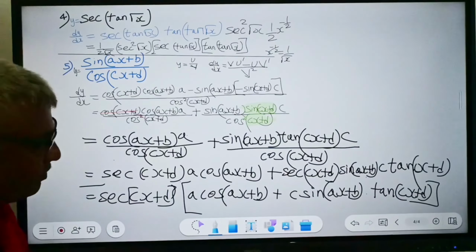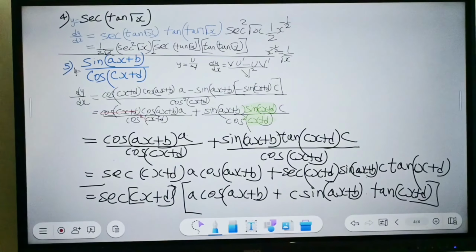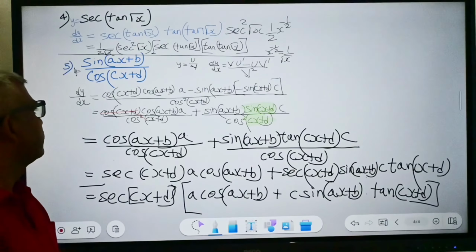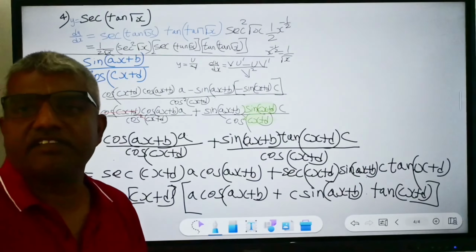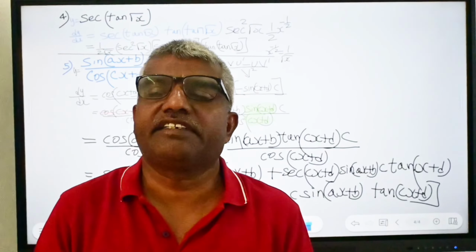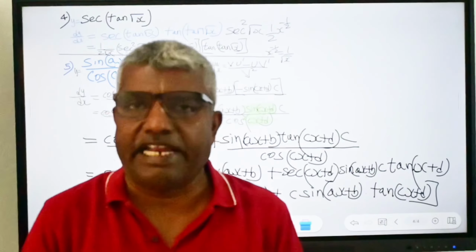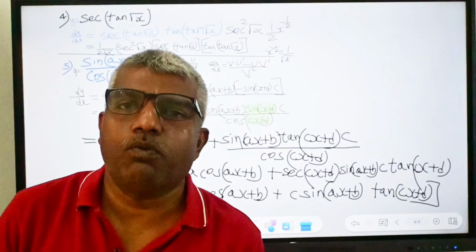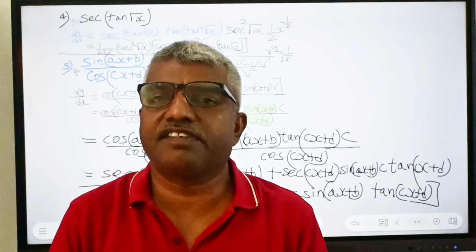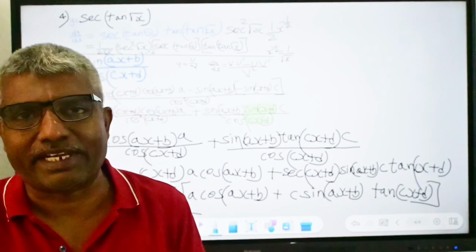Copy down. Here we learned sin x if you differentiate is cos x, cos x if you differentiate is minus sin x, tan x if you differentiate is secant squared x, secant x if you differentiate is secant x tan x, square root of x if you differentiate is half x to the power of minus half, you can do it as 1 over 2 root x.